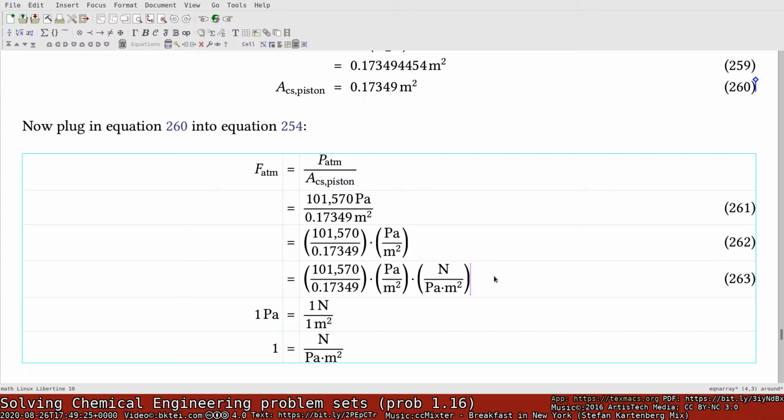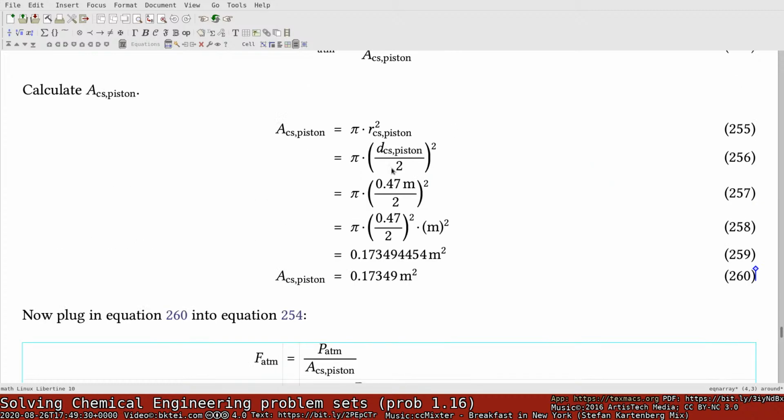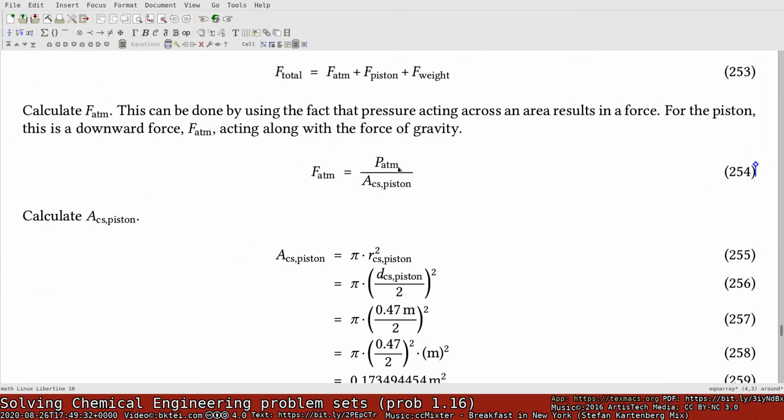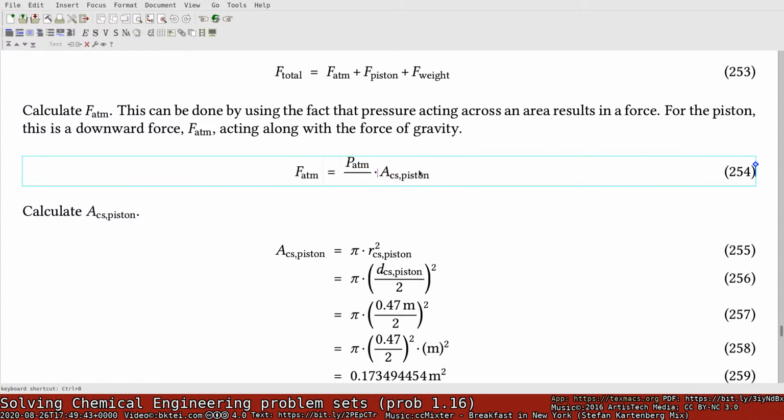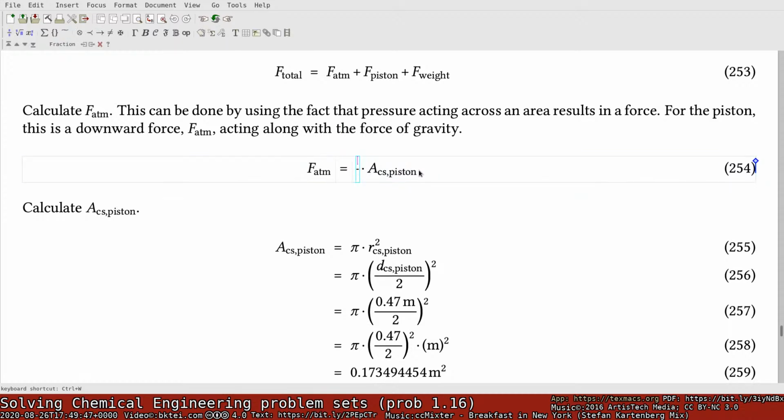Yeah, pressure times an area is force. Okay. Dang. Guess I got that one right. Second guess myself. I guess it should make sense. The more area you have, the more force you'll have.